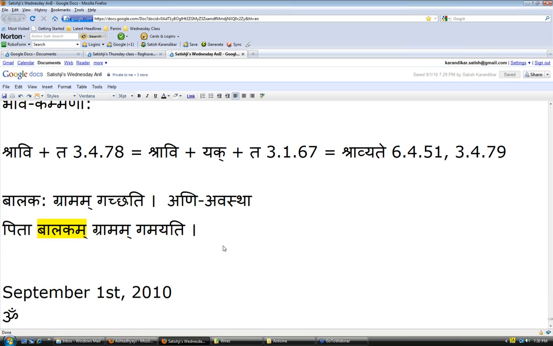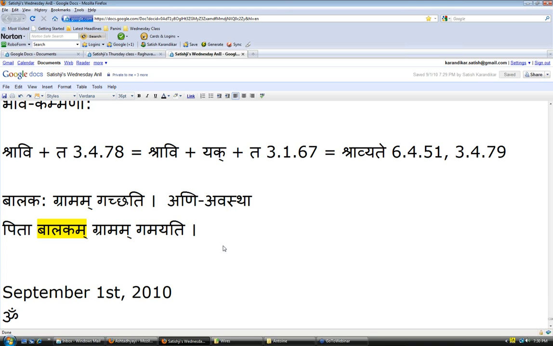But when we brought in the prayojakah, tat prayojako hetuh, his father is the hetu now. He's instigating the boy, propelling the boy, causing the boy to go to the village. So, Pita Balakam Gramam Gamayati. Now the Pita and the Balaka both have the karta sanjna.